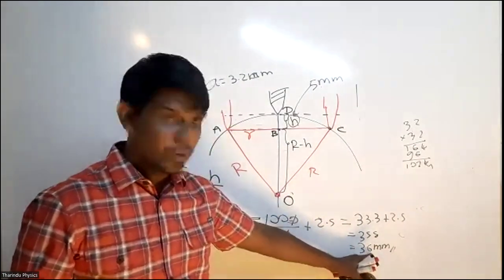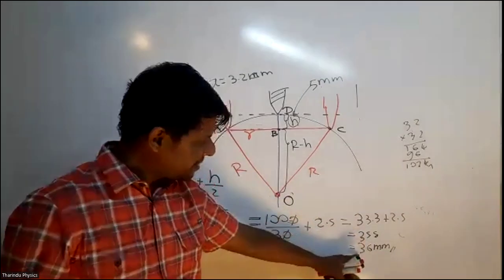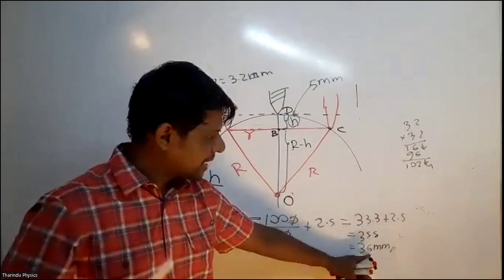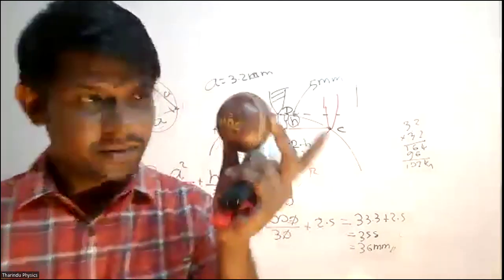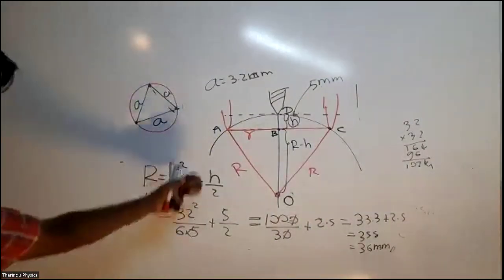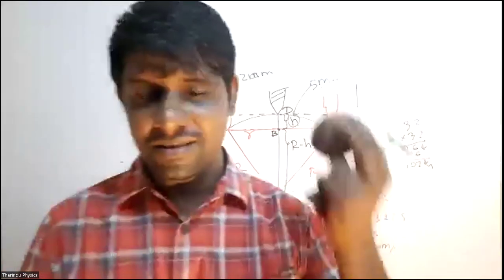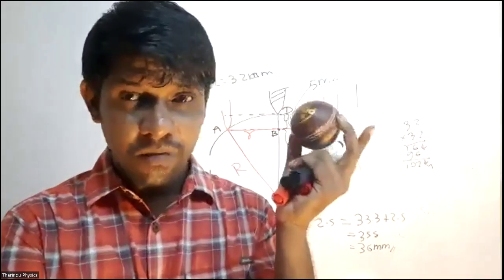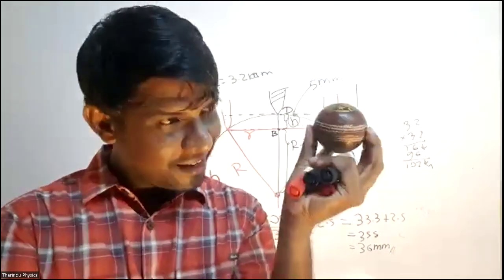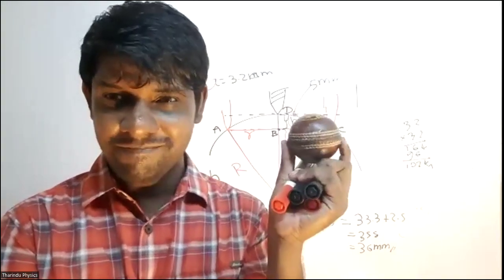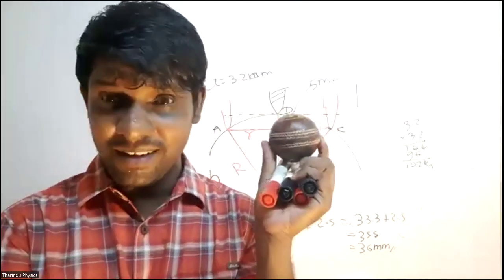That means 72 millimeters. 76, sorry. 76 millimeter means nearly 38 millimeter. So my method is very close, no? Can you understand? This is how we measure the radius of a spherical surface using a spherometer.